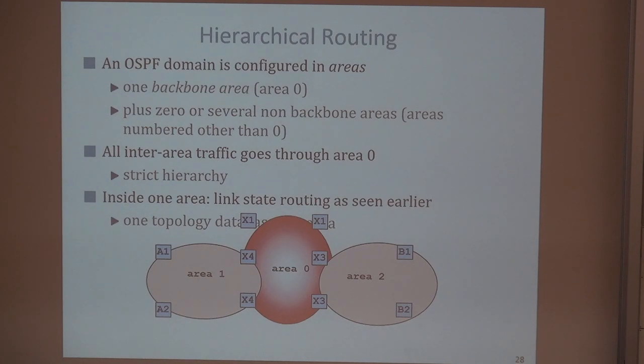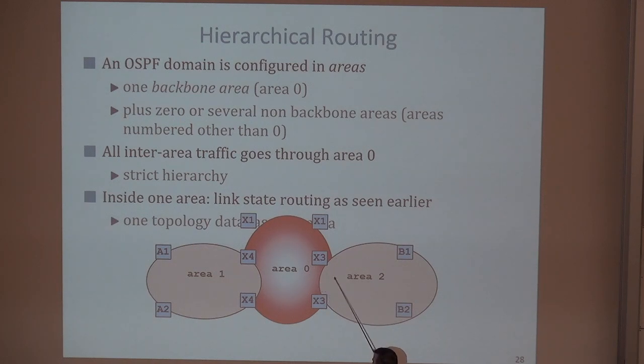So when you have two autonomous domains, you have one BGP router at each of the sides of the interface between the two. In OSPF, it's a bit different. In OSPF, you have different subdomains, and the routers that serve as boundary between the two belong to both domains. So X3, for example, is a border router, called a boundary router, between this area.